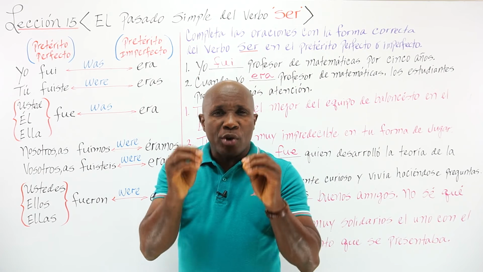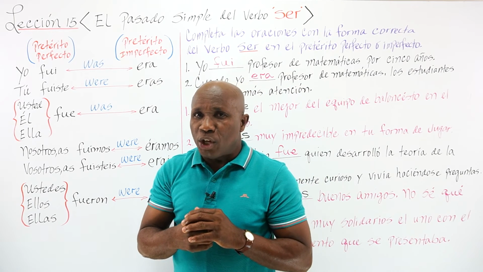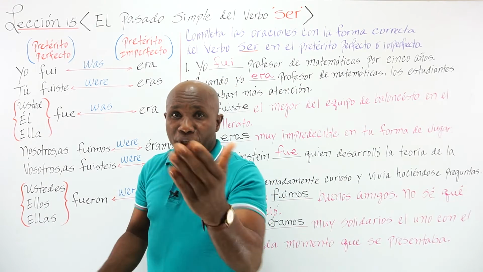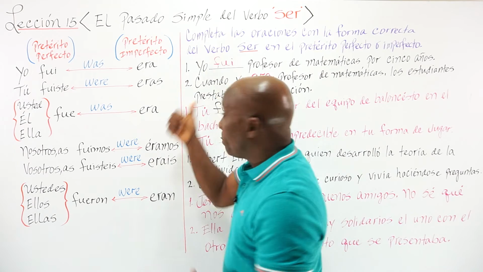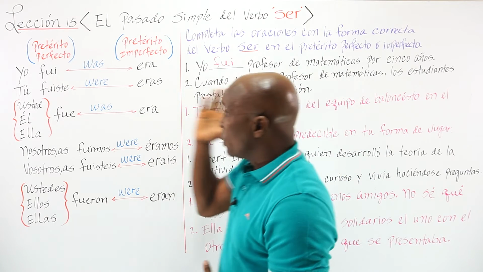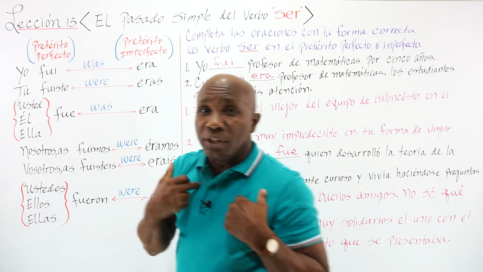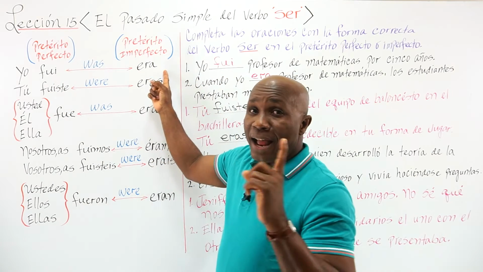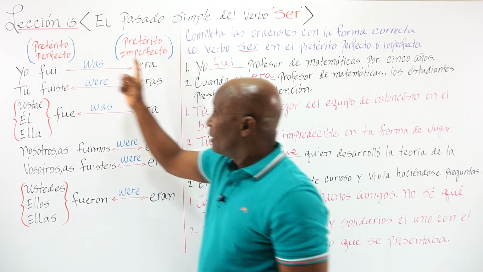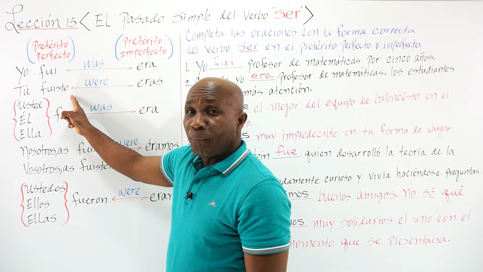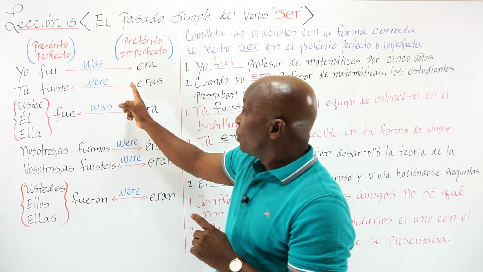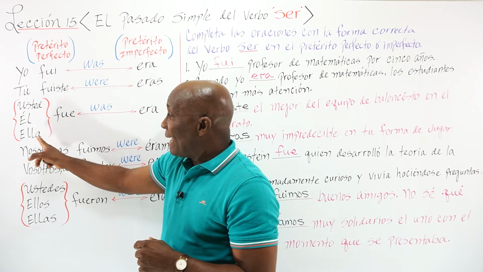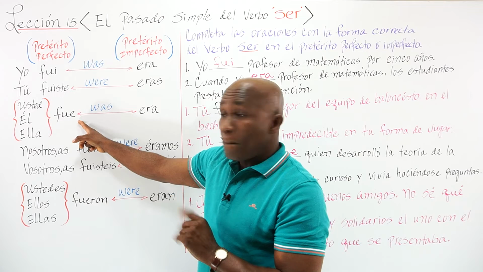Now, let's pronounce this verb, the conjugation. Please listen to me. And you can repeat there. Then we're going to put this in context here. So we say, yo fui, yo era. Tú fuiste, tú eras. Usted, él, ella fue.